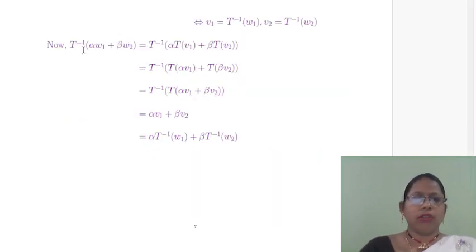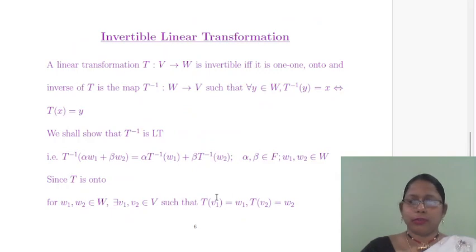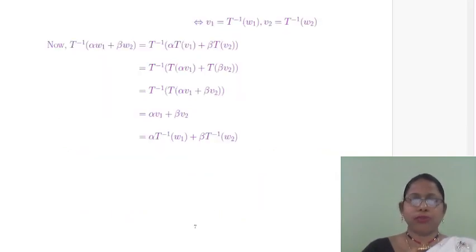Now, T inverse of alpha W1 plus beta W2. Here W1 is T of b1, and W2 is T of b2. Put these values. This is T inverse of alpha T of b1 plus beta T of b2. Then bring alpha inside and beta inside.